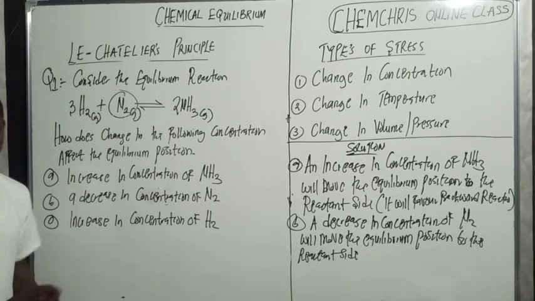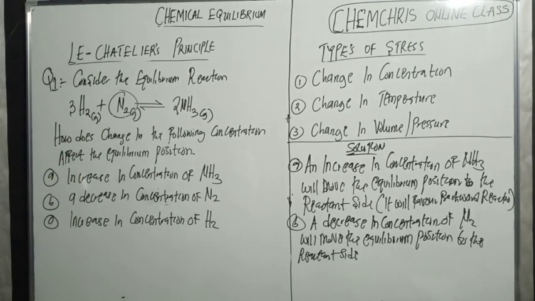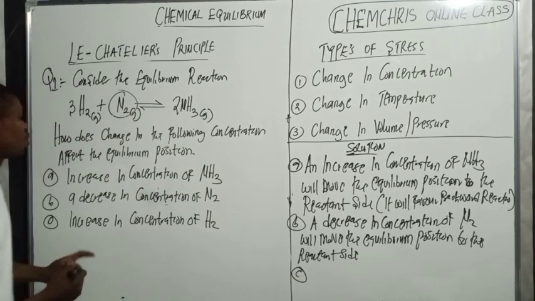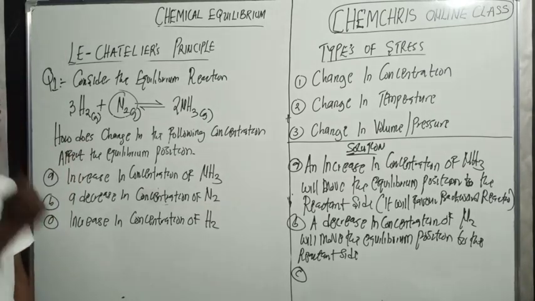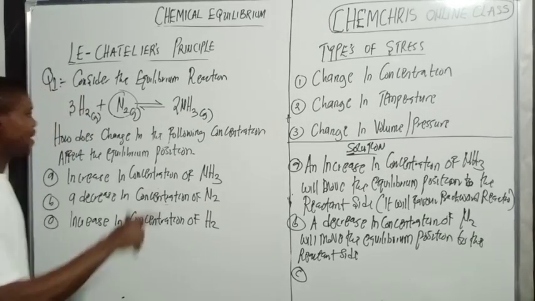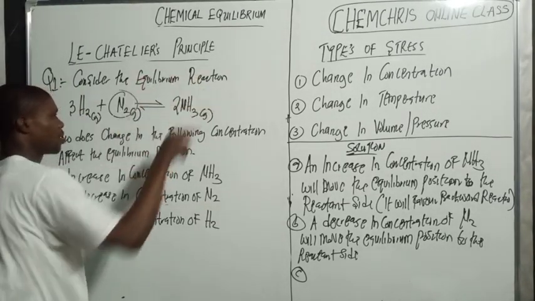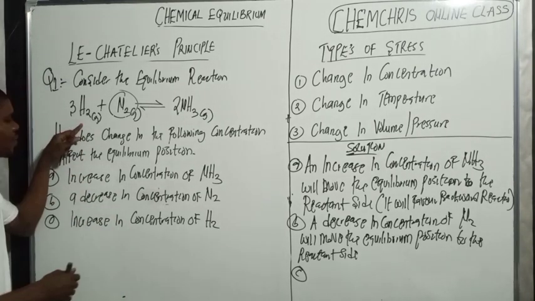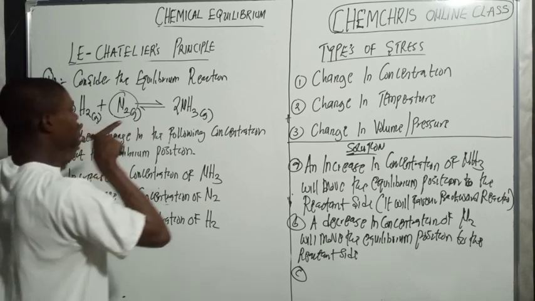When you increase H2, where will it shift to? It's going to shift to the product side, right? An increase in H2, which is one of the reactants, will shift the reaction to the product side.